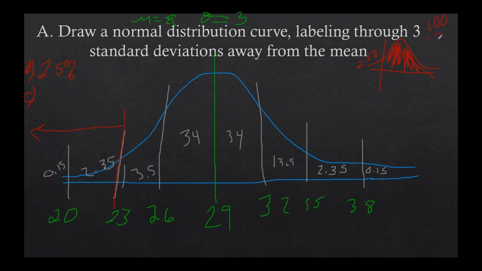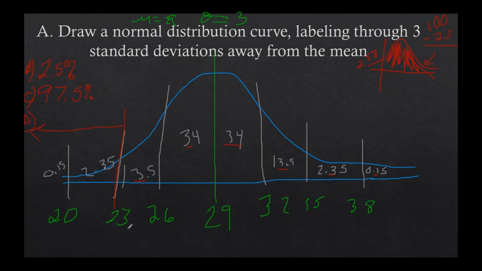Exactly. So 100 minus 2.5 gives us 97.5% for more than 23. Now, you could go through and add all of these percentages up, but that is a whole lot more work than just subtracting from 100. Okay. So that was C.